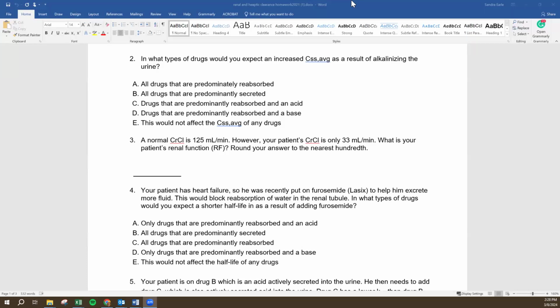It'll make the bases more, no, I'm sorry. A base is more unionized. Now I'm mixing it up. I apologize. A base is going to be more in the unionized form in an alkaline environment, right? And that will enhance reabsorption, which will decrease clearance. So it's a base. I said base was right, but I just messed up my explanation.